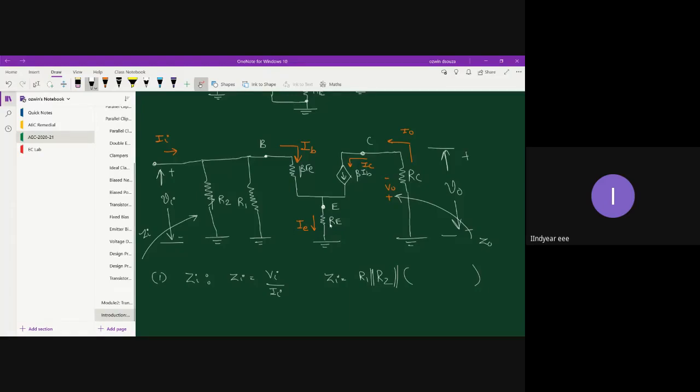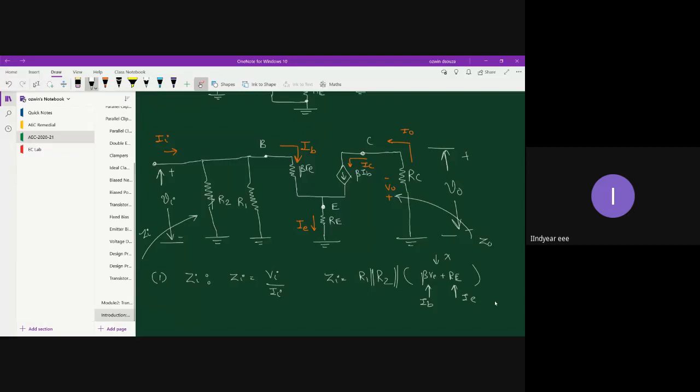The current flow remains the same. But over here, through beta Re, current IB flows, and through capital Re, current IE flows. Hence you cannot directly write beta Re plus Re. You cannot write it because this becomes wrong. That's because through beta Re, current IB flows, and through capital Re, current IE flows.